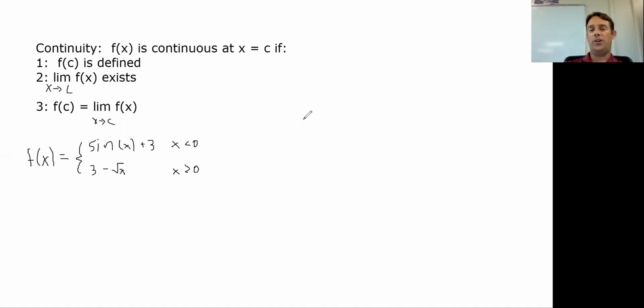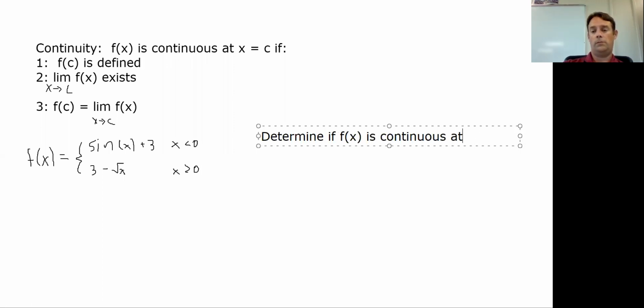Why don't you guys go ahead and take a little shot at that and see if you can prove using the three characteristics that the graph is continuous when x equals 0. All right, so that's what we're trying to do. Is f of x continuous when x equals 0?